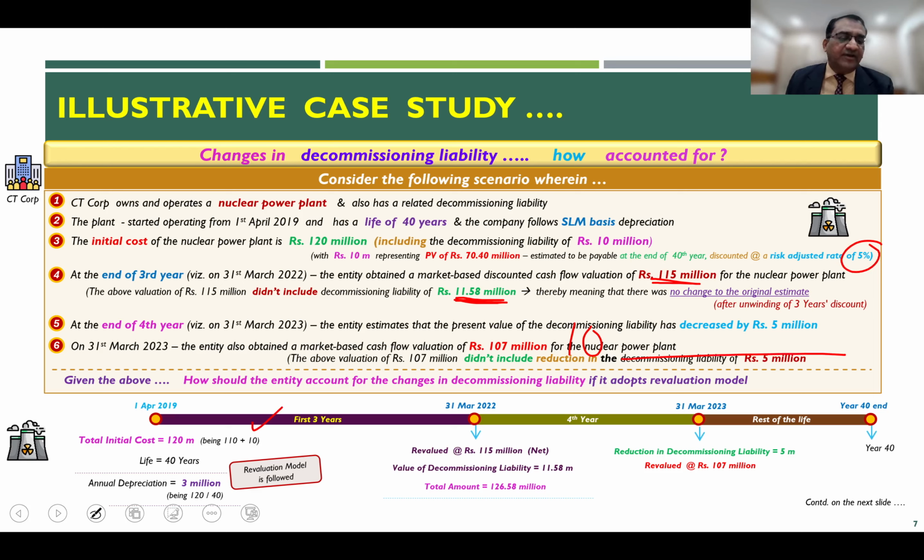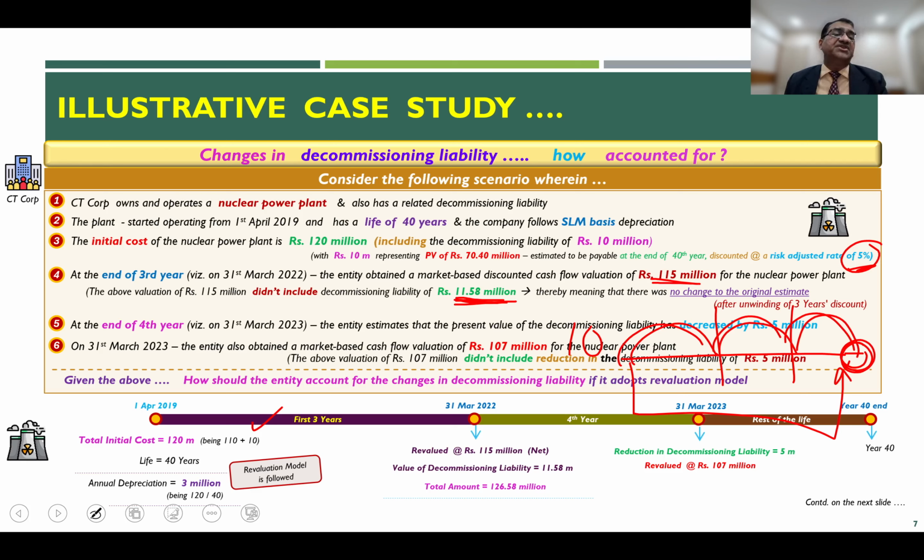And 3 years have gone by. So for each year, you will have unwinding of interest at the rate of 5%. And therefore, as the next slide's computation will show, this 10 million will become 11.58 at 5%.